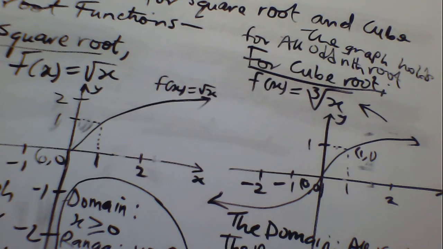So these are the two definitions. Always base your foundation on these two definitions, for even and for odd, to graph any given radical function. Let's give instances.